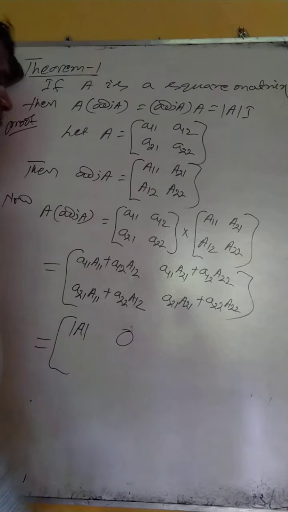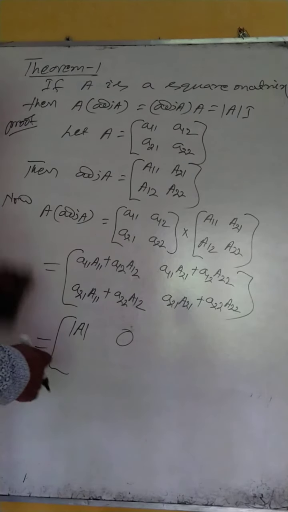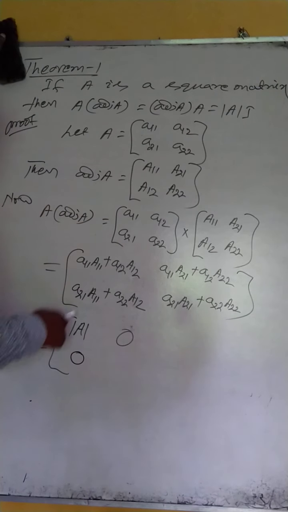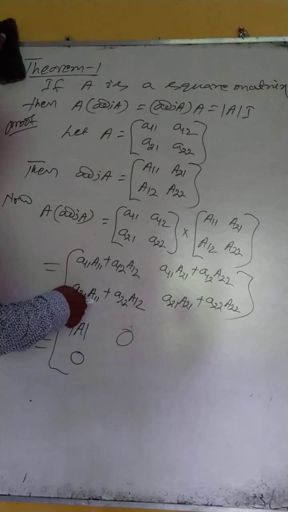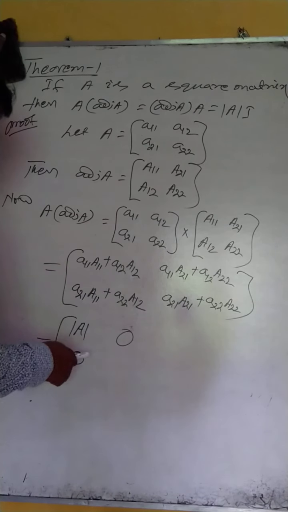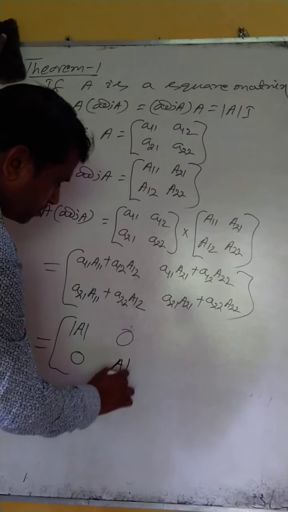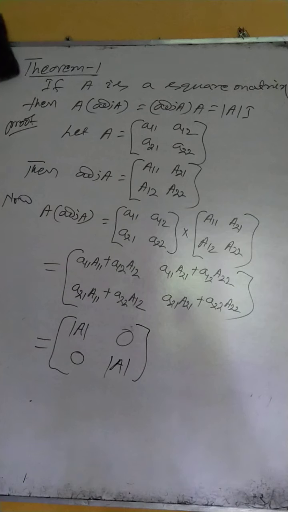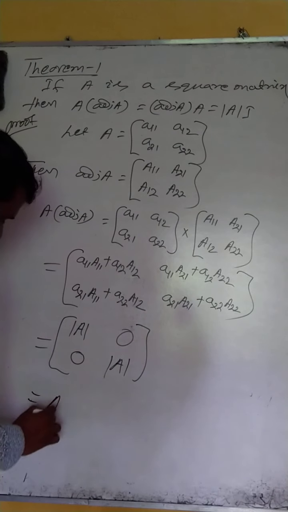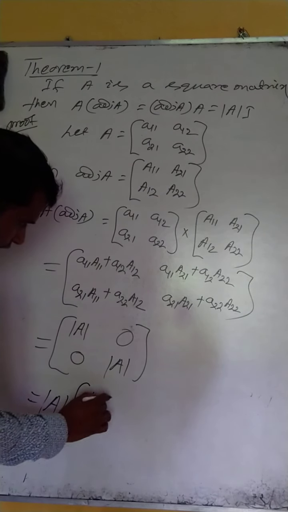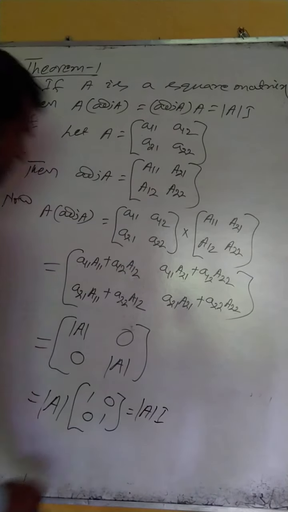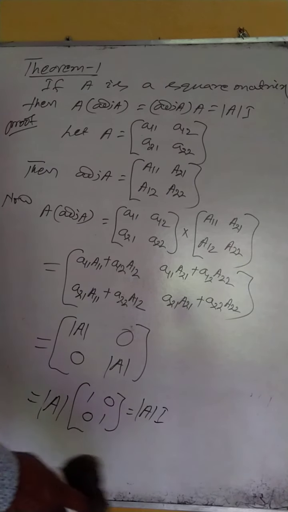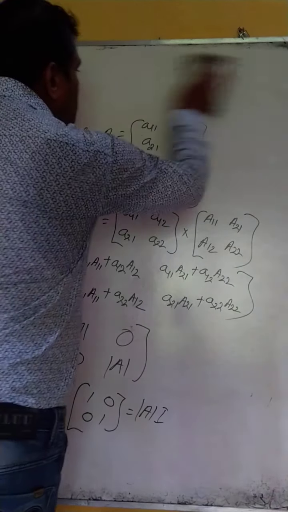Similarly, here also the value is 0, because we take the elements of the second row with the cofactors of the first row. Similarly, here the value is the expansion of the determinant A. So we take determinant A, then we have 1 0 0 1, that equals determinant of A into I. Similarly, we can find adjoint A into A.